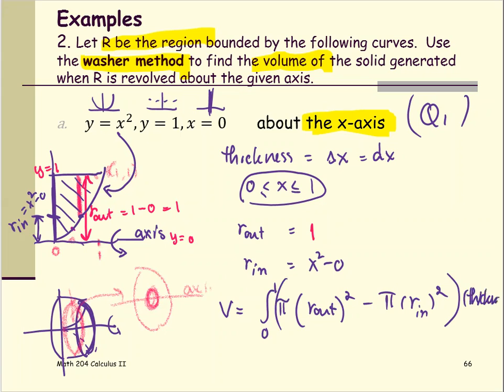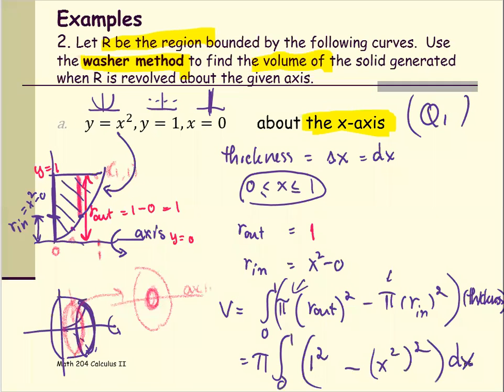You see the setup is always the same concept, but the functions depend on what is provided in the problem. Since both have the common pi, we take the pi out: the integral from 0 to 1 of 1 squared minus x squared, squared, times the thickness dx. The setup is almost done.